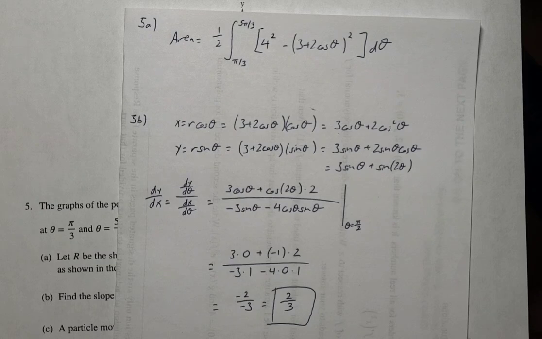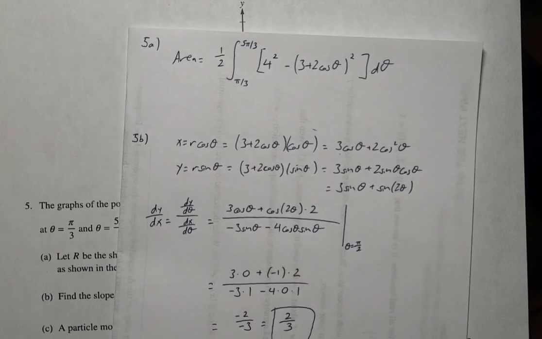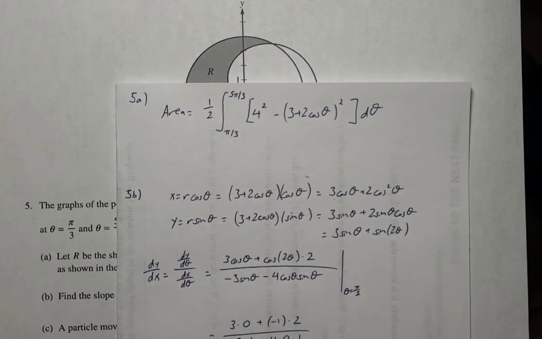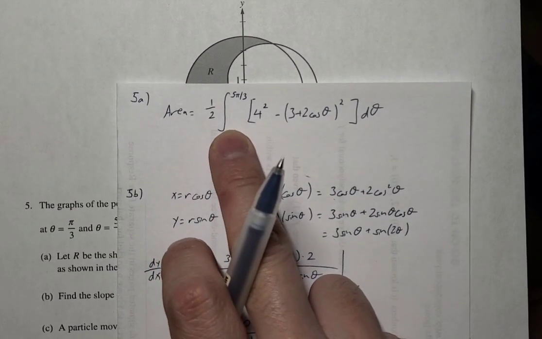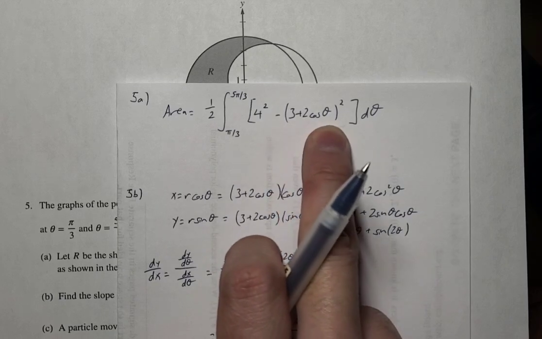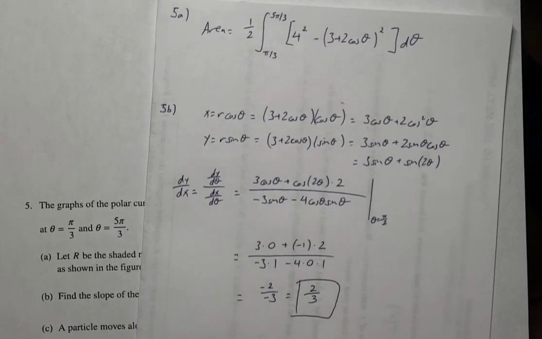By the way, let me look at the scoring guidelines. I keep forgetting what's important to write. The constant and limits of integration are 1 point, and the integrand itself is 1 point.